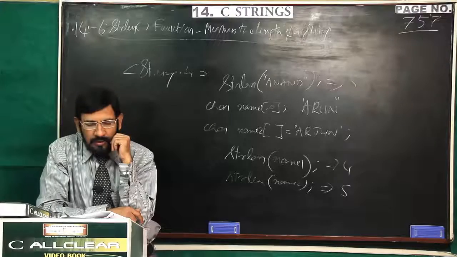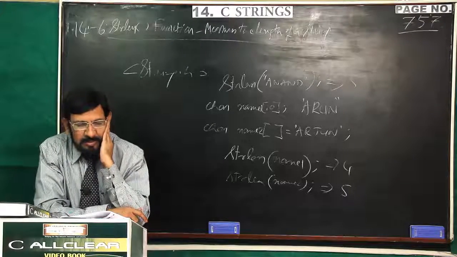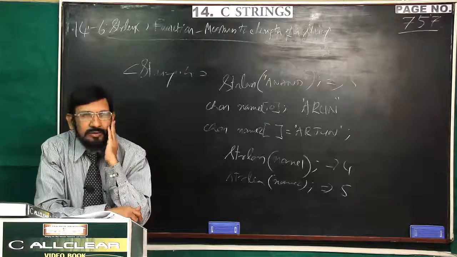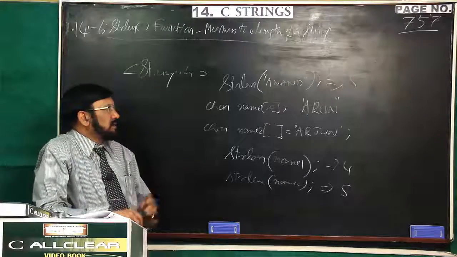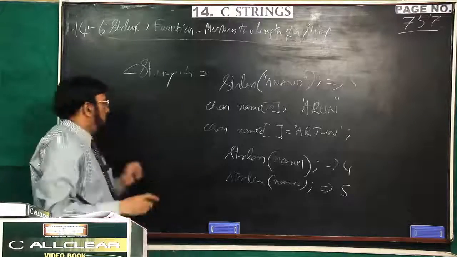And now we are reading name1. Here one point you have to remember. By using scanf with the %s conversion specifier, what is the limitation? We cannot read blank space.